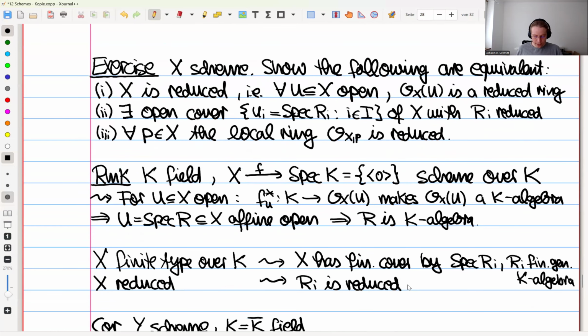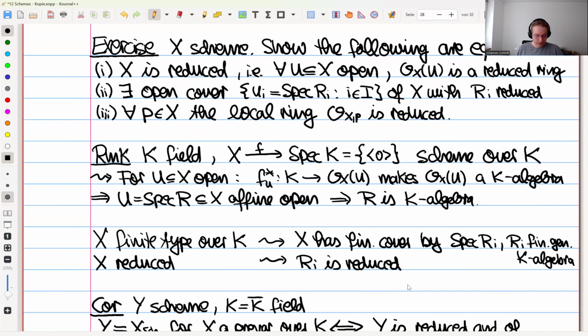And so collecting now all of these ideas, if X is not just any scheme over Spec K, but if X is actually finite type over K, then this tells you that this thing here has only a single possible affine cover, namely you need to take the full Spec K. And then if you look at this property of being finite type, it means that you need to have a finite cover of the preimage, in other words, of all of X. So X has a finite cover by these affine things, and each of the affine schemes comes from a ring Ri, which by this property here is a K algebra.